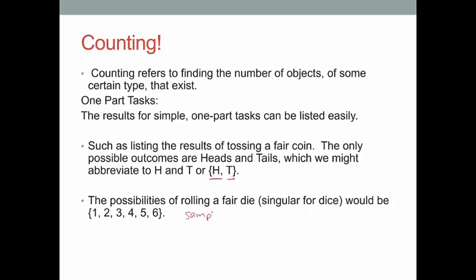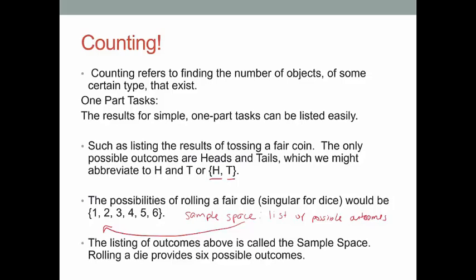The sample space just lists all the possible outcomes. Listing of possible outcomes is called the sample space. So rolling a die provides 6 possible outcomes. Flipping a coin provides 2 possible outcomes.